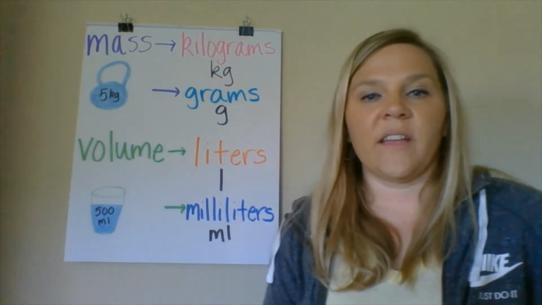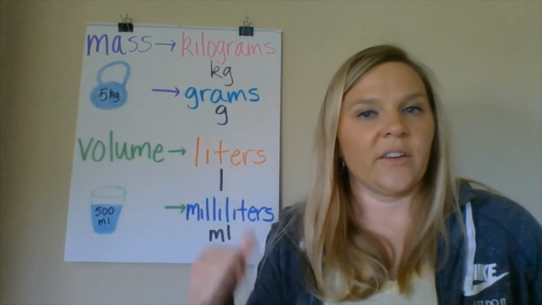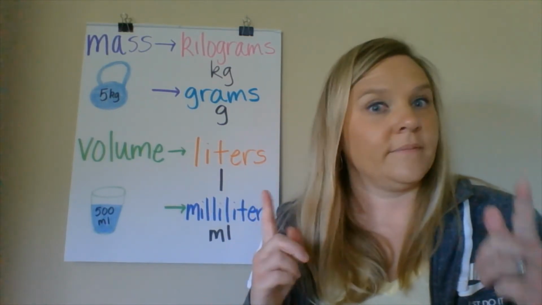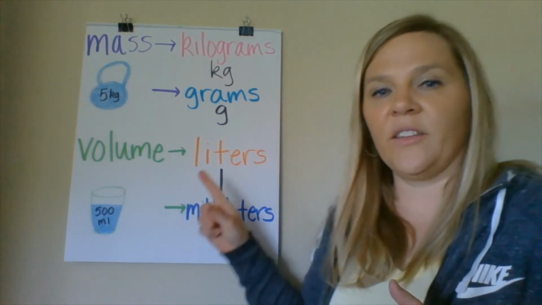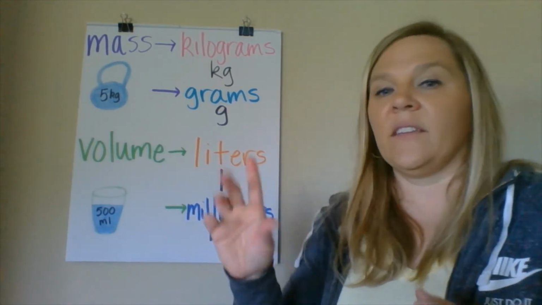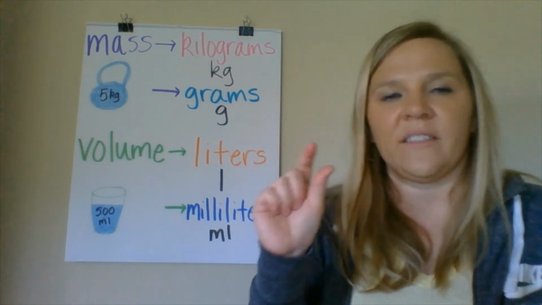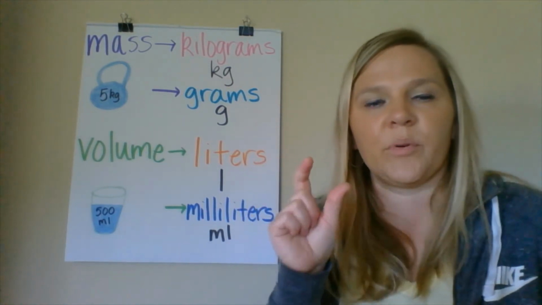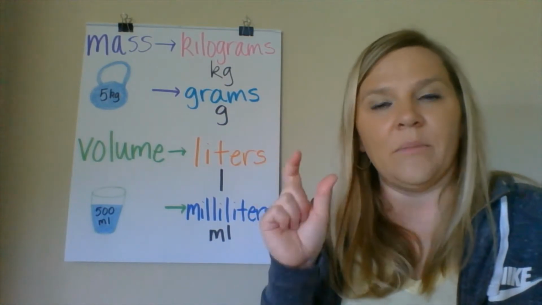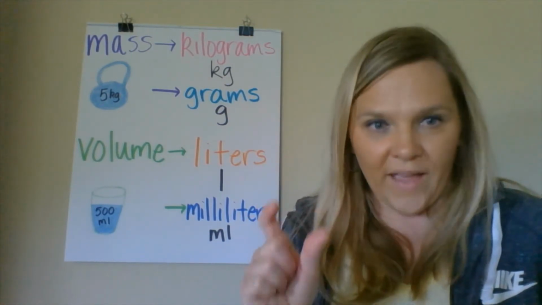Okay, and likewise, I wanted to ask you, which is greater, a liter or a milliliter? Hopefully you are thinking liter, because again, that's the unit, and milli is another prefix that we put in front of the words to tell us how big it is, and milli also means 1,000.